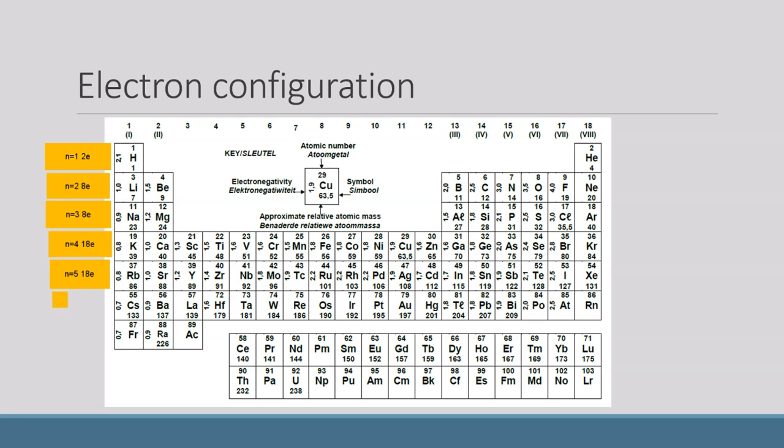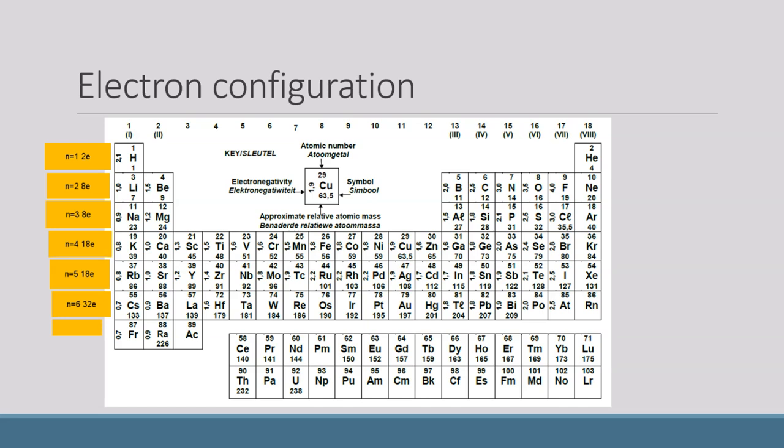Now, if we look at period 6, all of its outermost electrons will exist in the 6th energy level. And we said that there's a total of 32 electrons that can be held by the 6th energy level. And if we count from element 55 all the way to element 86, that will correspond to 32.